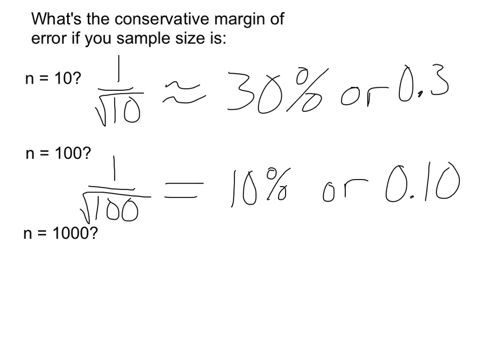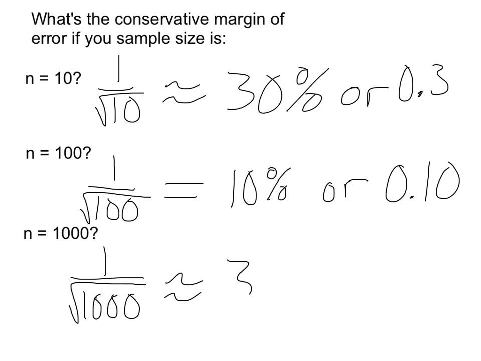And finally, if n is equal to 1,000, we have 1,000 people in our sample, we will have a conservative margin of error approximately equal to 3%.